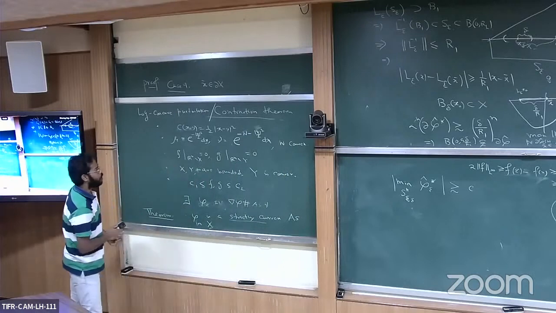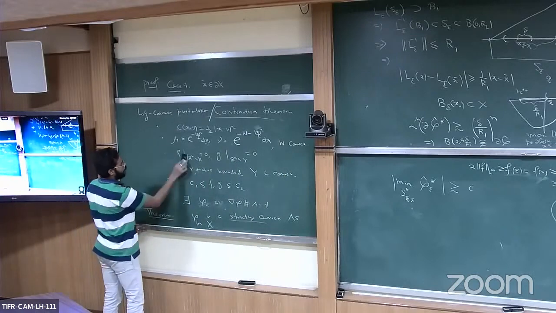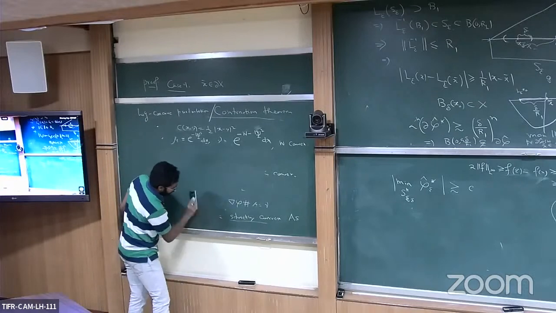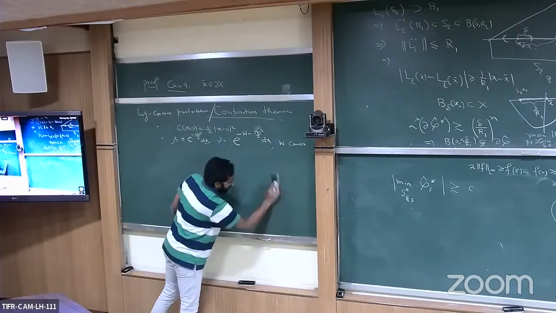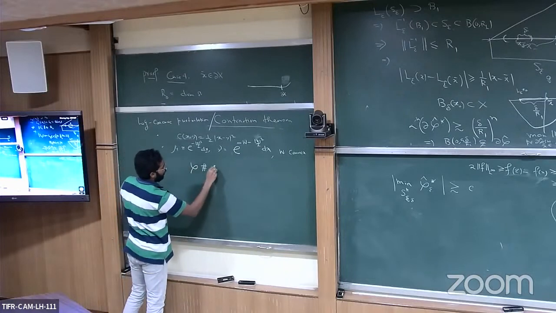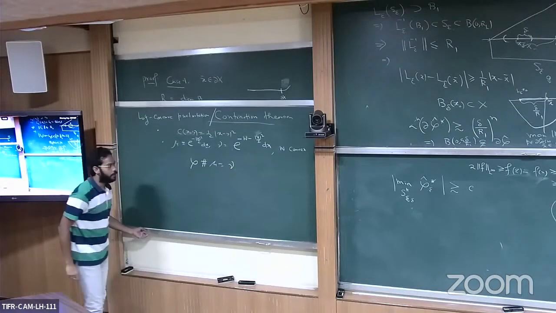All right. So this is my setup, and phi is the Brenier map, which pushes forward to nu.